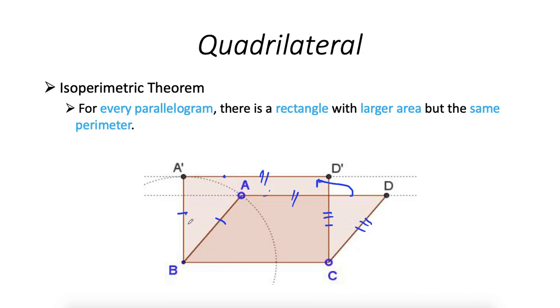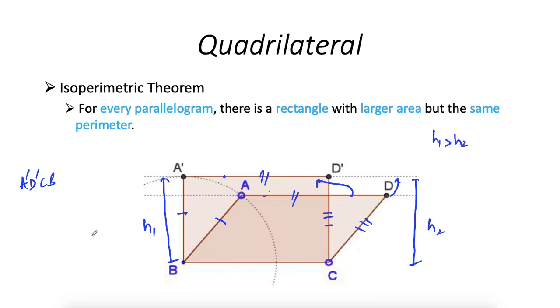That's why if they consider the area of this A dash D dash C B, the base is the same but the height is greater. For example, this is H1, and for this parallelogram this could be somewhere near this, but this can't be exactly at A dash D dash. So this will be, for example, H2, and we can see clearly that H1 must be greater than H2.